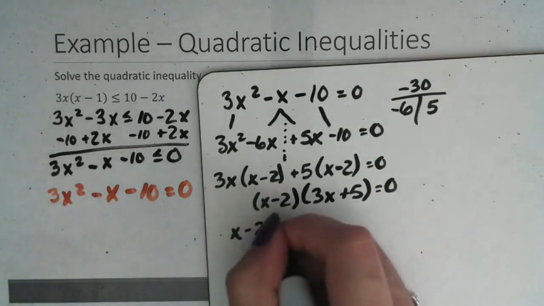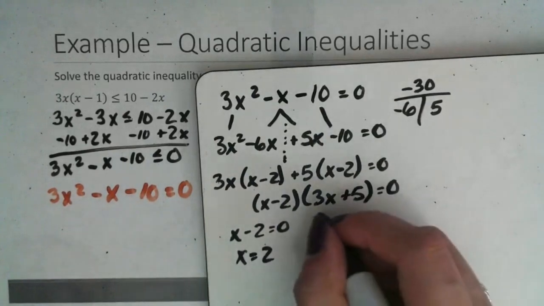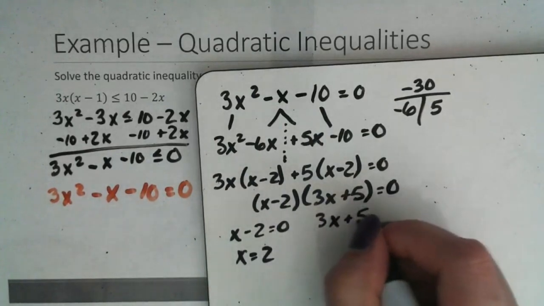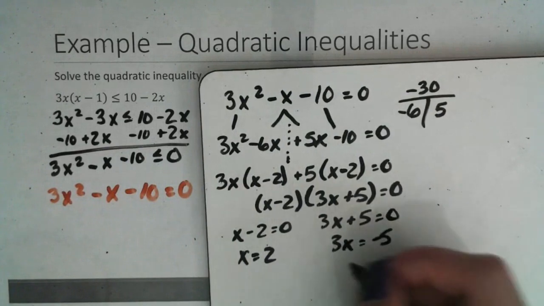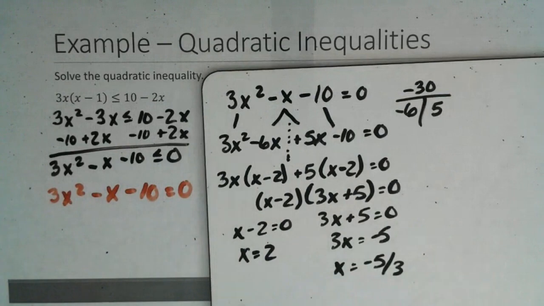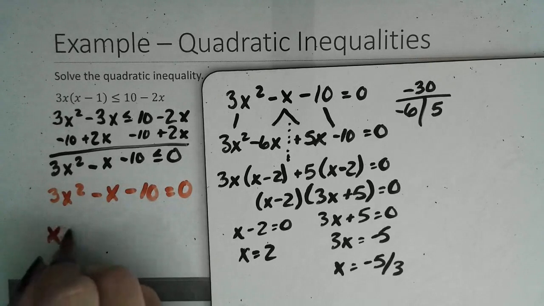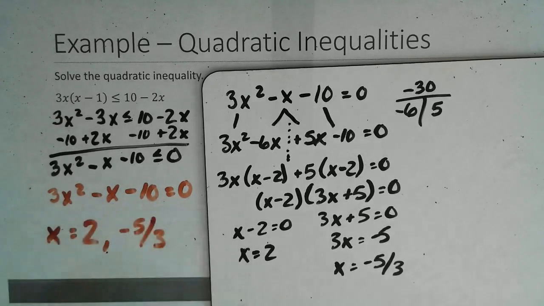If x minus 2 equals 0, then we get x equals 2. If 3x plus 5 equals 0, then 3x equals a negative 5, and x is equal to a negative 5/3. So the two x values that will make this equal to 0 are x equals 2 and x equals a negative 5/3.